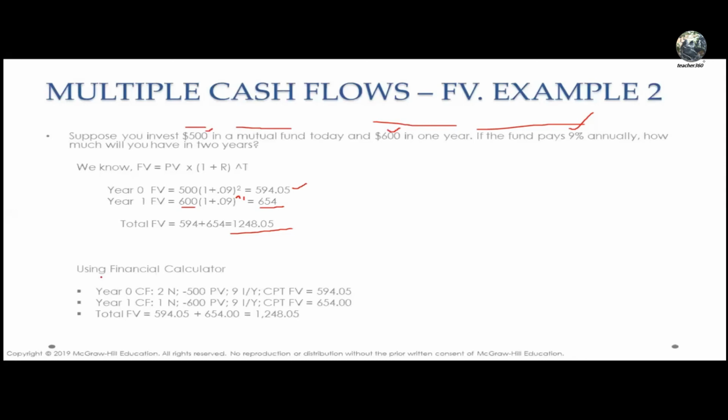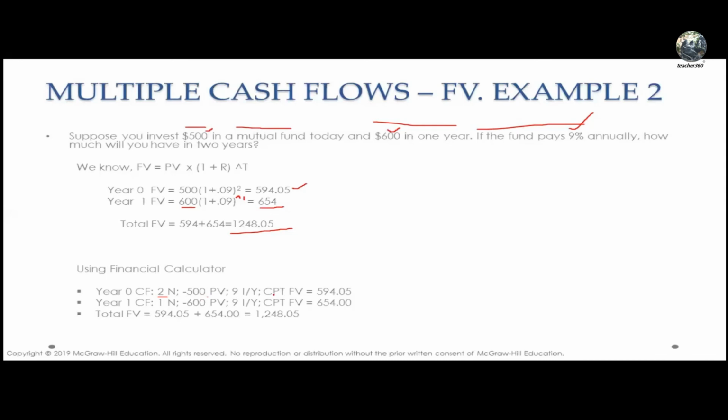Here, you can also see the calculation using a financial calculator. In year 0, you have 2 years remaining, so N is 2. Your present value in year 0 is 500. Interest is 9.